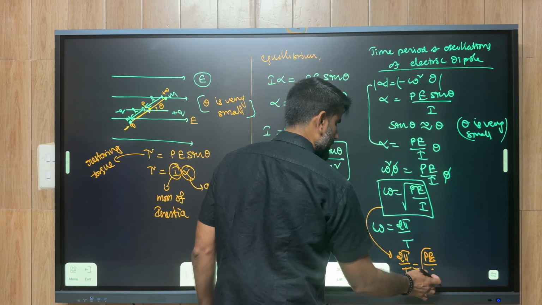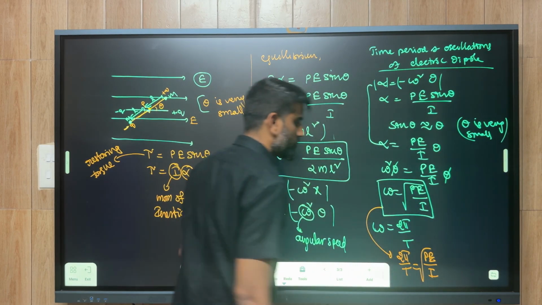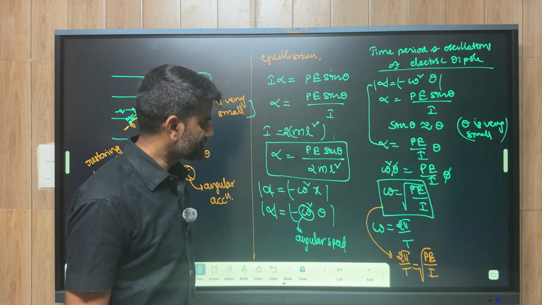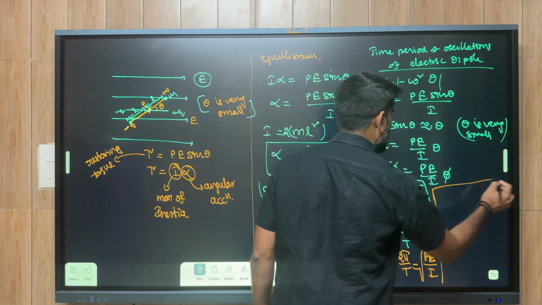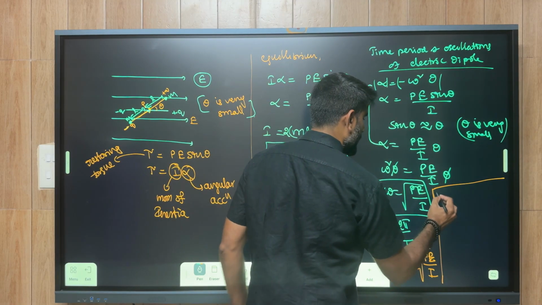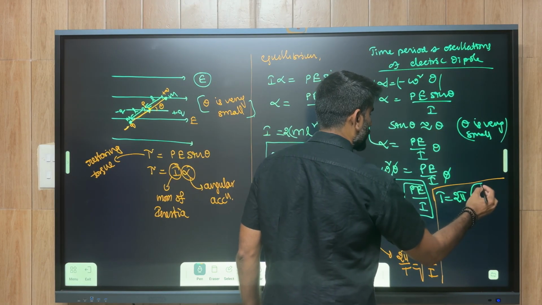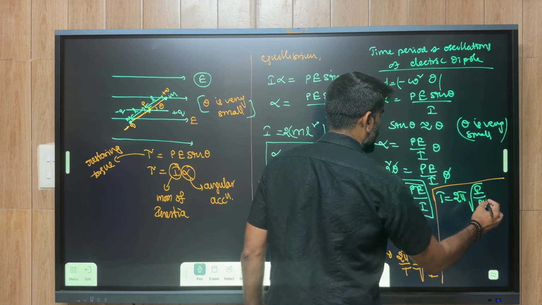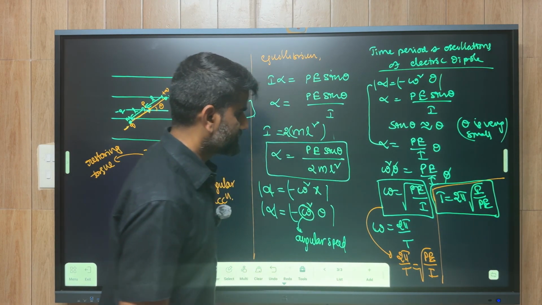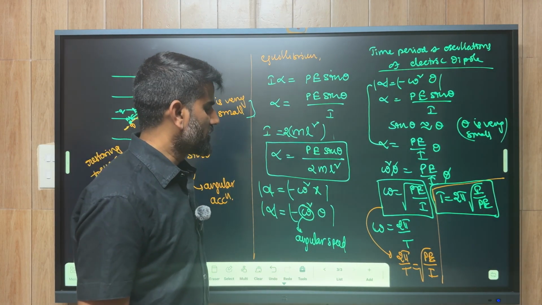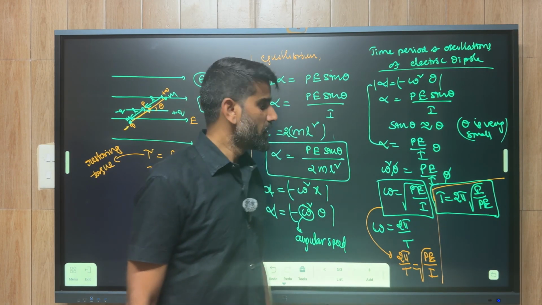It's PE by I. Now to write this equation for time period, T is equal to, taking the reciprocal, 2 pi root over I by PE. I hope I got the correct result. T is equal to 2 pi root over I by PE, right?